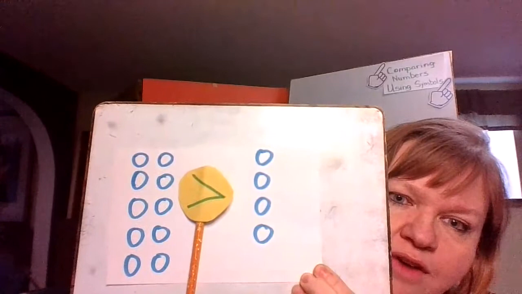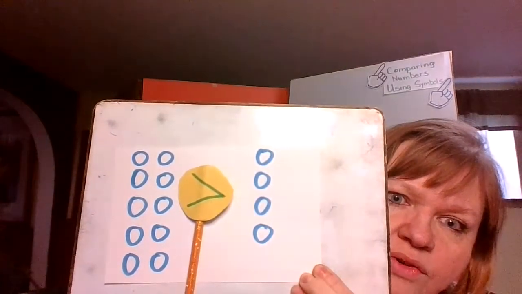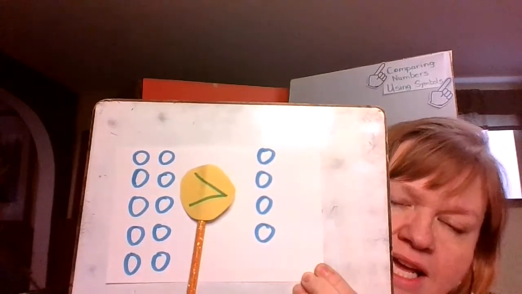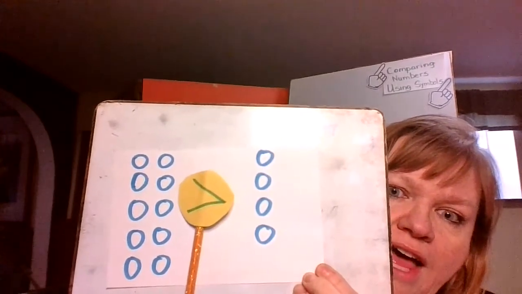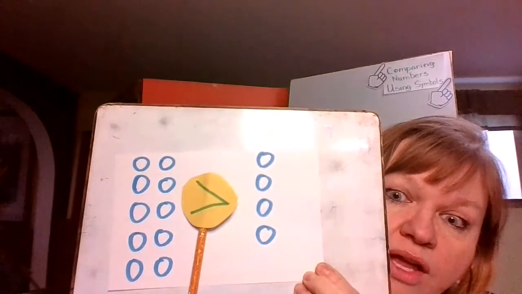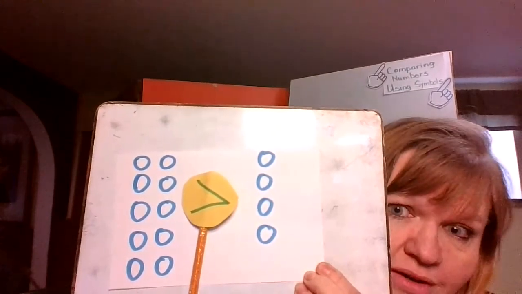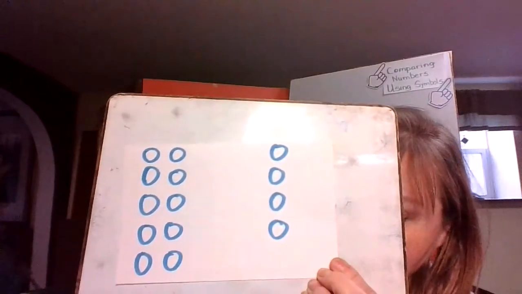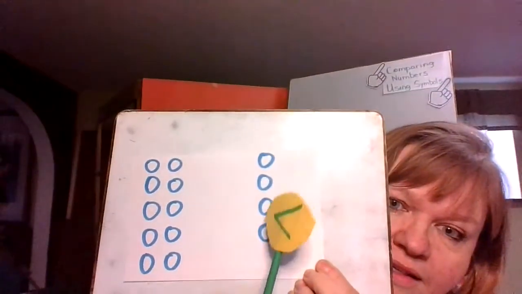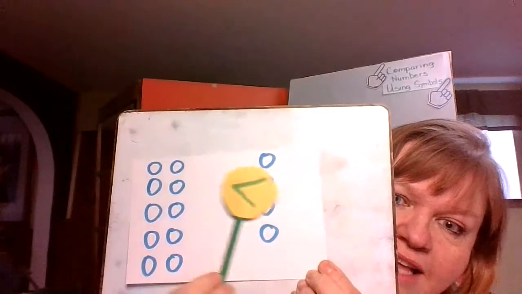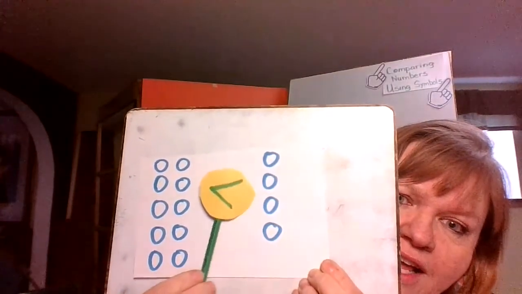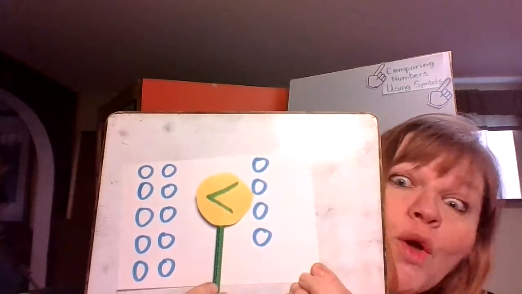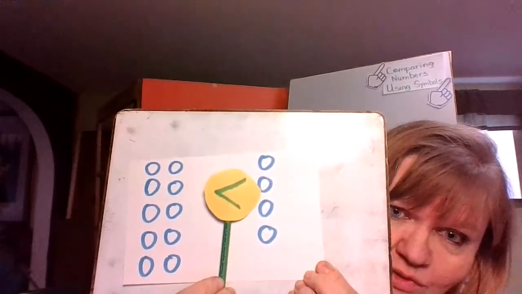It looks like a full 10 frame to me. 1, 2, 3, 4, 5, 6, 7, 8, 9, 10 is greater than 1, 2, 3, 4. 10 is greater than 4. See why this one doesn't work? This is that less than symbol I was just showing you. And if you use that one, is the mouth open to the bigger number? No, it's not. So that is not going to work.